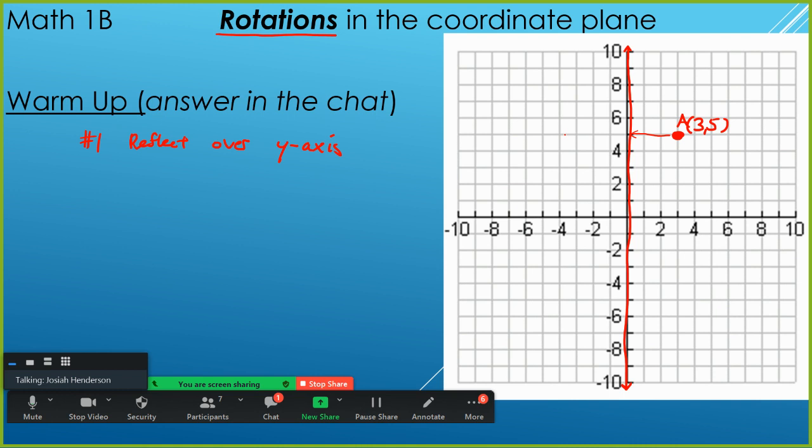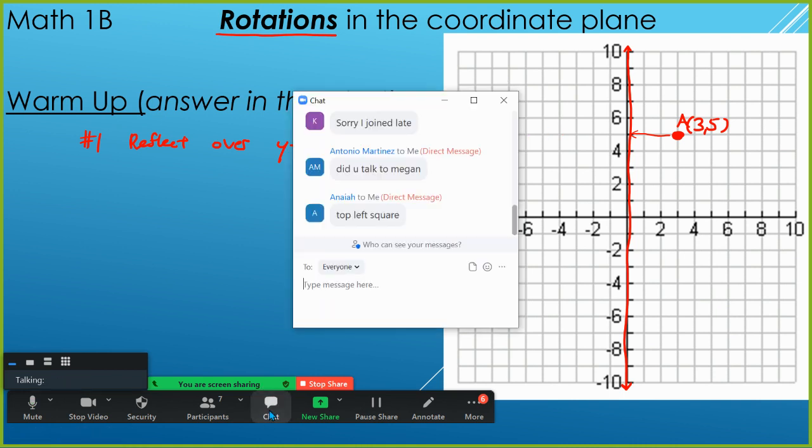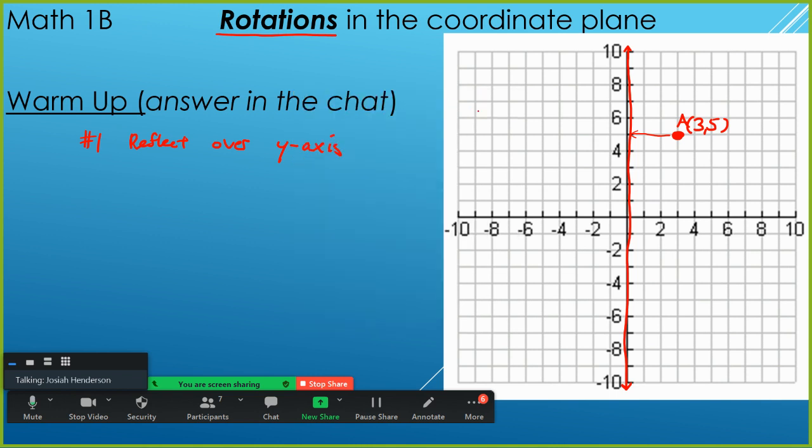Okay, cool. I see one comment in the chat. Top left square. Good, Anaya. Yes, I was hoping you guys would go straight to that. It's going to be somewhere in this top left quadrant. Good. I'm glad you see that.